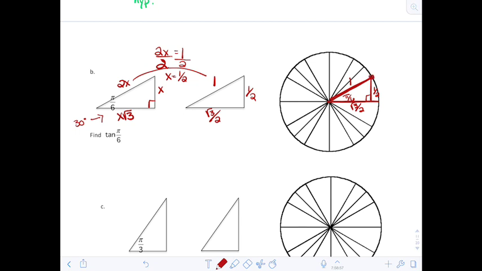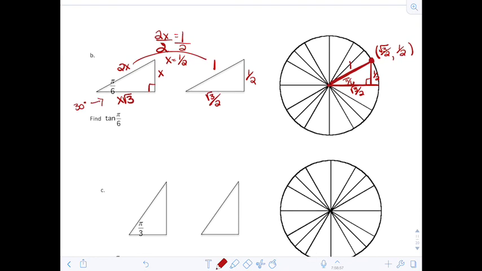So I want this point right here. The ordered pair, the way that I get to that point will be to go the square root of 3 over 2 horizontally. So there's my x value, and 1/2 vertically. So that ordered pair is the square root of 3 over 2 and 1/2.